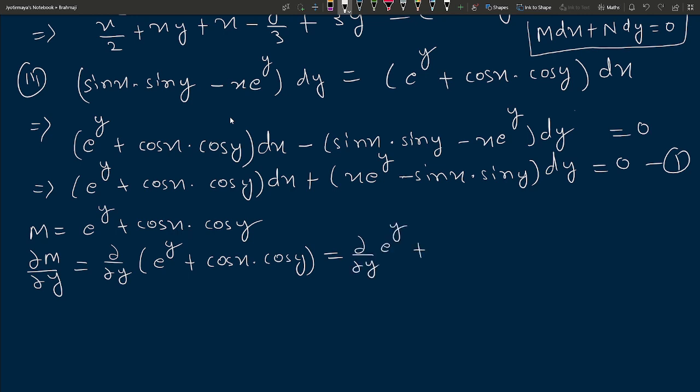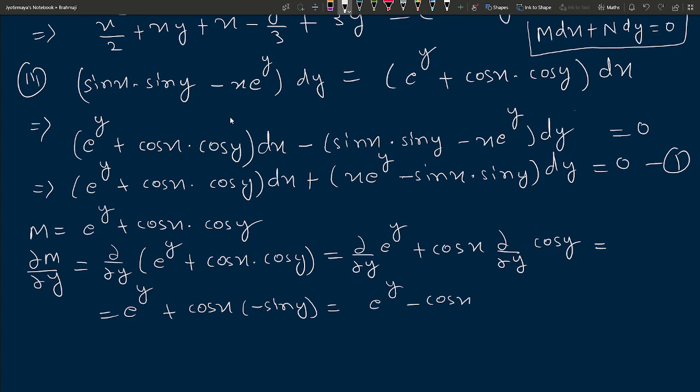Now x is a constant, so cos x is a constant, so keep cos x outside. So del y of cos y. So this is e to the power y plus cos x into, derivative is minus sin y. So this is e to the power y minus cos x into sin y. This is your del M by del y.